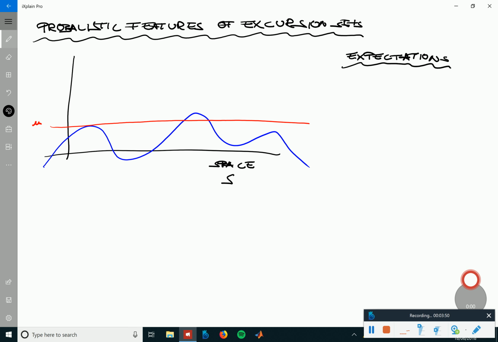So remember, the excursion set is this subset of the search space for which the random field exceeds or is equal to, maybe this we can also include here, the threshold u, so it depends on the threshold u. And then we discussed last time the volume of this. So essentially, if you think of measuring these two black things.